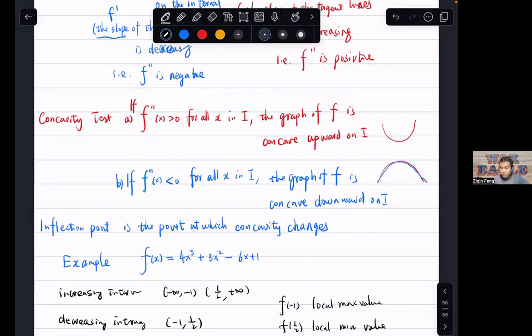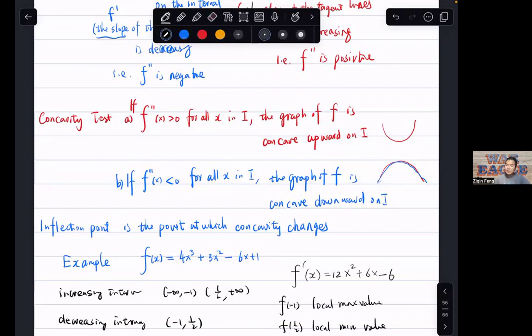And also we know the derivative of this function is 12x squared plus 6x minus 6, right? So that's the derivative of this function.